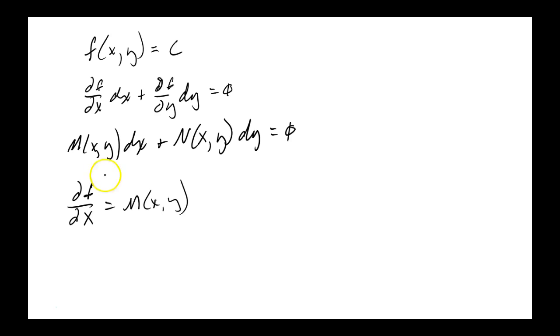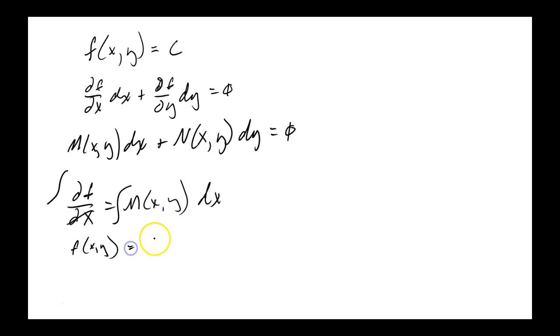Then what we do is sort of cheat a little bit and write that in differential form, integrate both of those. Now this gives us f of xy. When you integrate this with respect to x, you still are going to come up with a y.